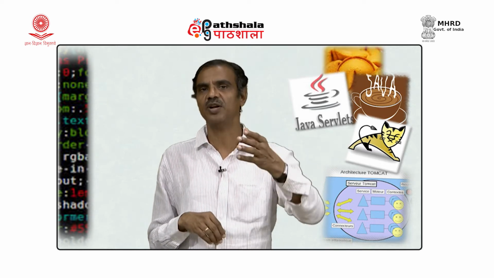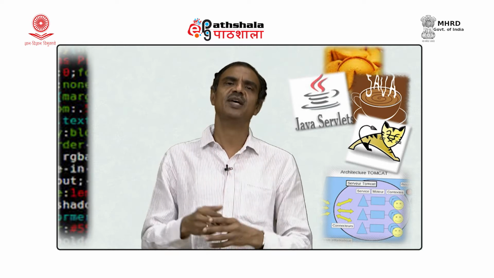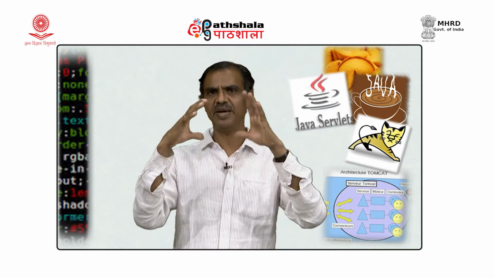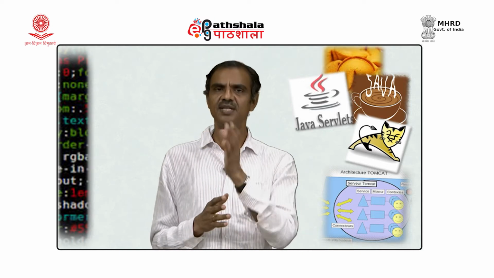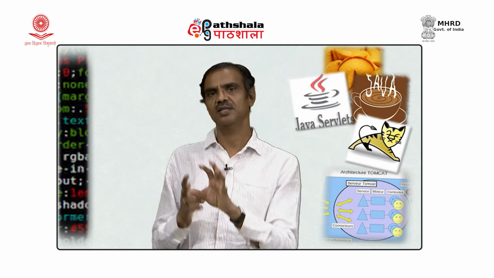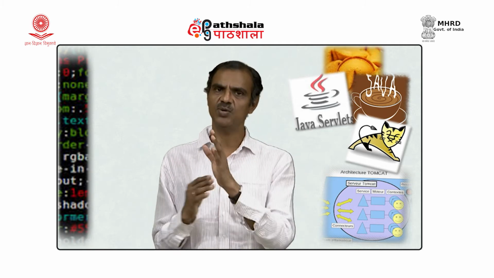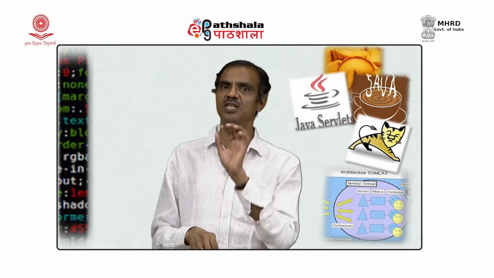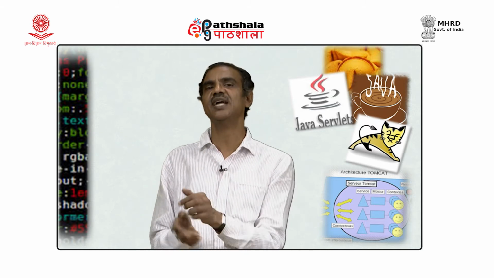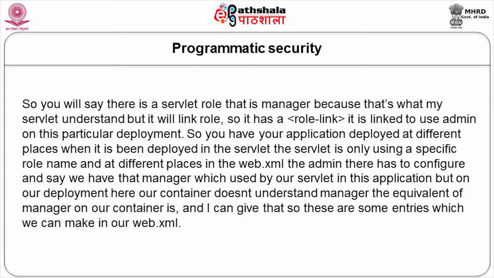Within the web.xml, where we make a servlet entry, we can put an entry to let the container know that if the servlet API looks for this particular role, you should understand that actually this is the particular role. So you say there is a servlet role which is manager, because that is what my servlet understands, but you have a role link.